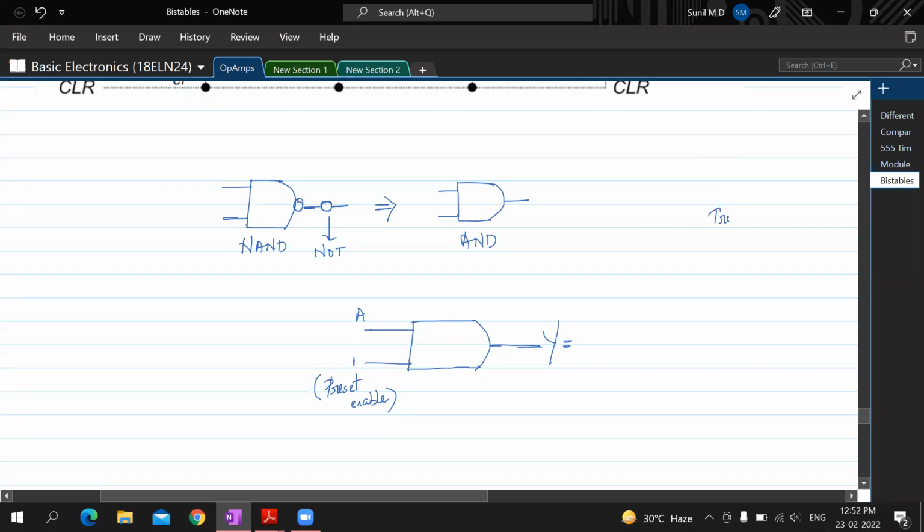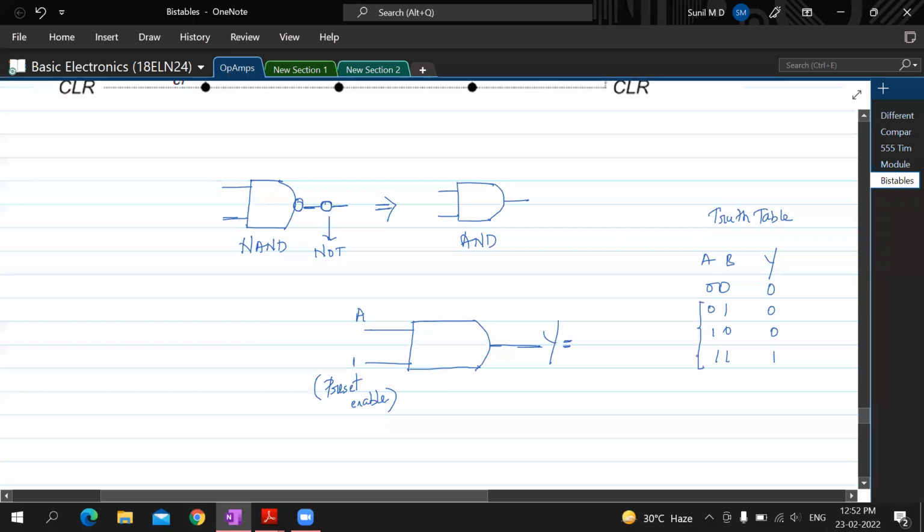We have A, B, and an output Y. These are the combinations: 0 0, 0 1, 1 0, and 1 1. What would be the AND gate output? 0 and 0 is 0, 0 and 1 is 0, 1 and 0 is 0, right? 1 and 1 is 1.